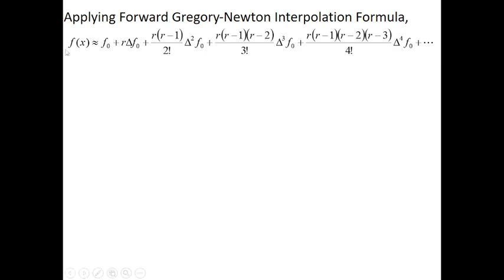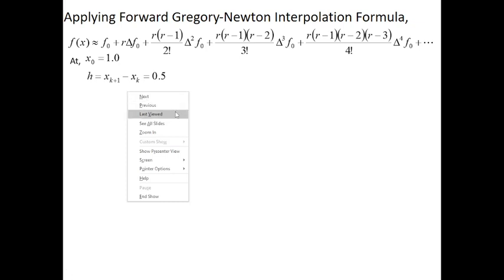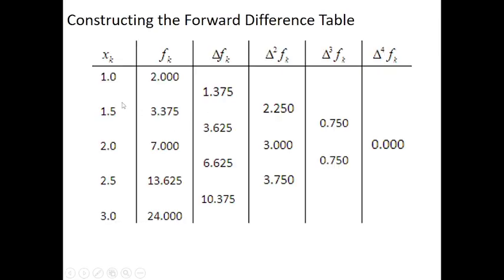So this is the formula for forward Gregory-Newton. Now x sub 0 is equal to 1. Let's go back. This is x sub 0, so it equals 1.